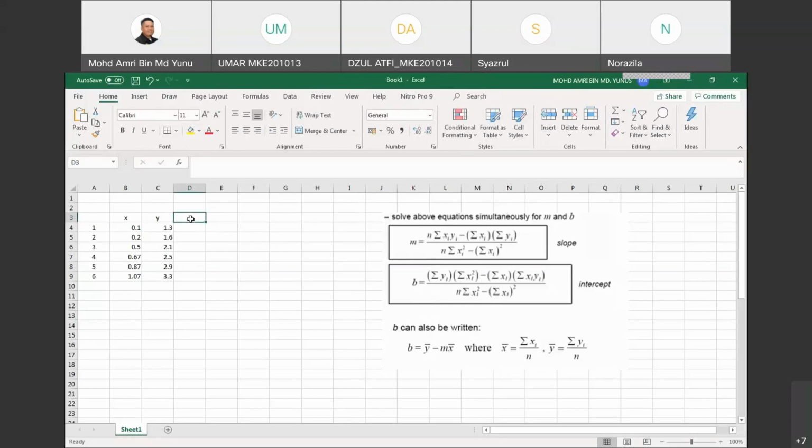We compute x squared, y squared, and x squared, so we find all the values here.